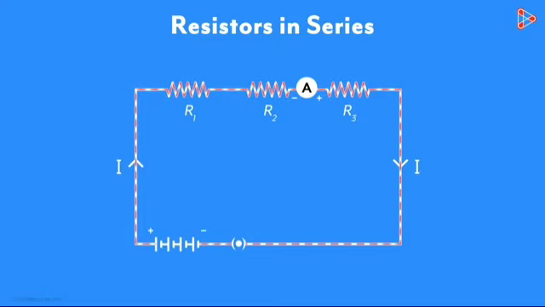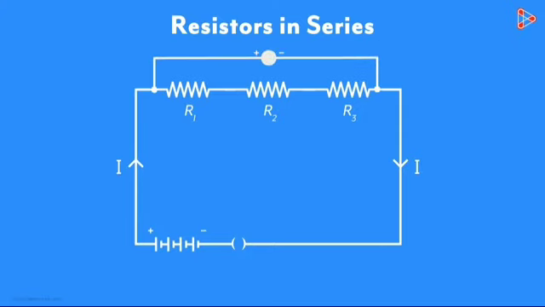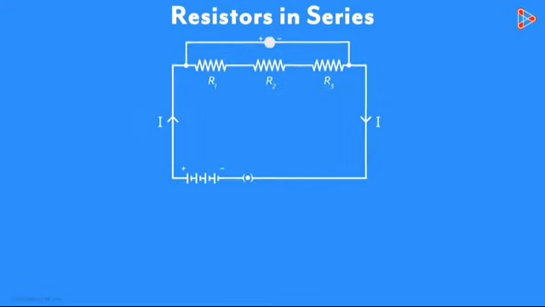According to Ohm's law, if the same current passes through different resistors of different values, then the potential difference across each resistor must be different. Let V1, V2 and V3 be the potential differences across the resistors R1, R2, R3.